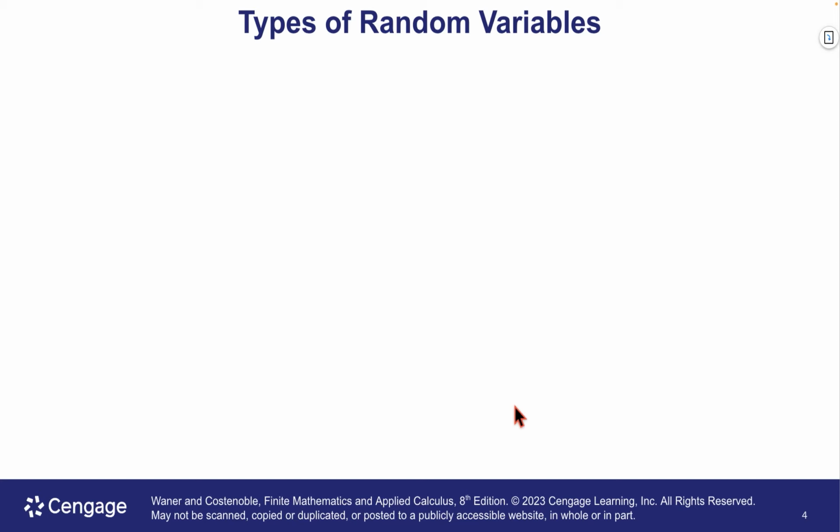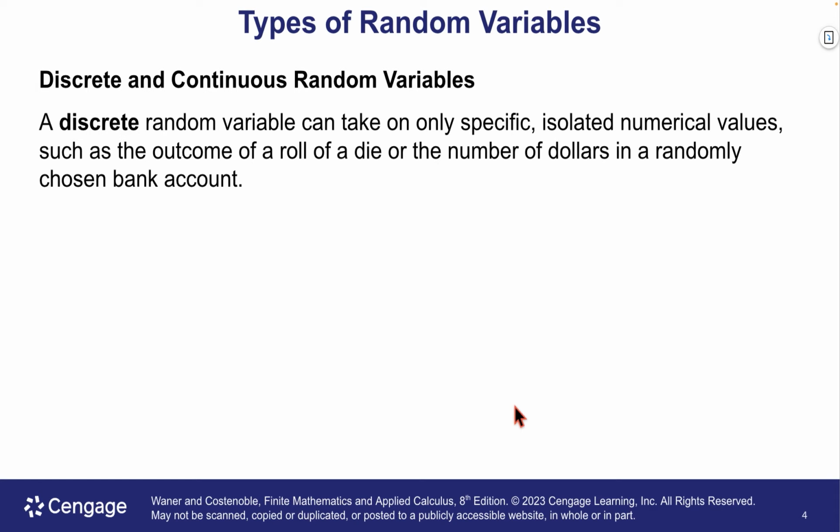So there are several types of random variables. Actually, 3 of them that we'll be taking a look at. There are discrete and continuous random variables, 2 main types, but within the discrete, we're going to use 2 types. A discrete random variable in general has only specific isolated numerical values, such as the roll of a die. So the numbers for that would be 1, 2, 3, 4, 5, 6.